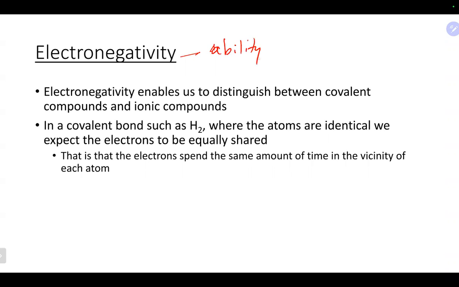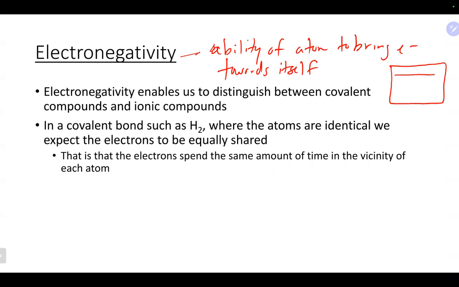Ability of an atom to bring electrons towards itself. Once again, on the periodic table, it increases as you go up and right, decreases as you go down, and it is our good friend fluorine that is the most electronegative element you could have.